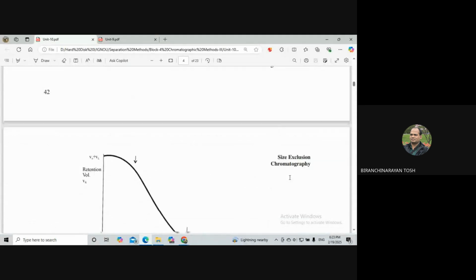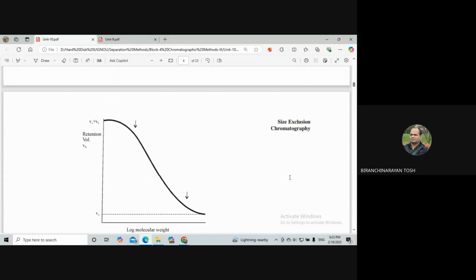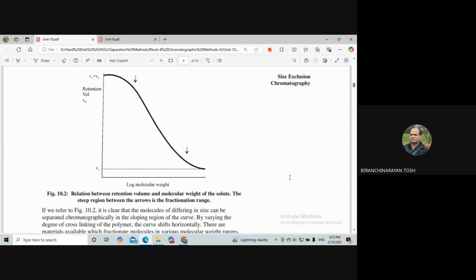So, if you plot the molecular weight and retention volumes, the curve will be like this. This shows the relationship between the retention volume and molecular weight of the solute. The steep region between the arrows, from here to here, is the fractionation range. That means the molecular weight range from here to here.